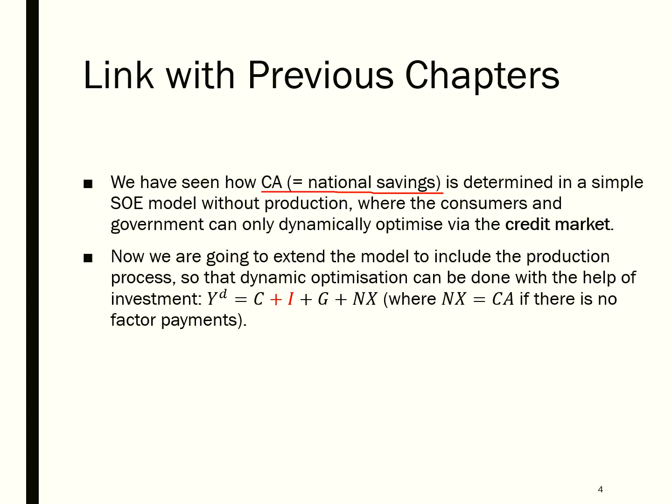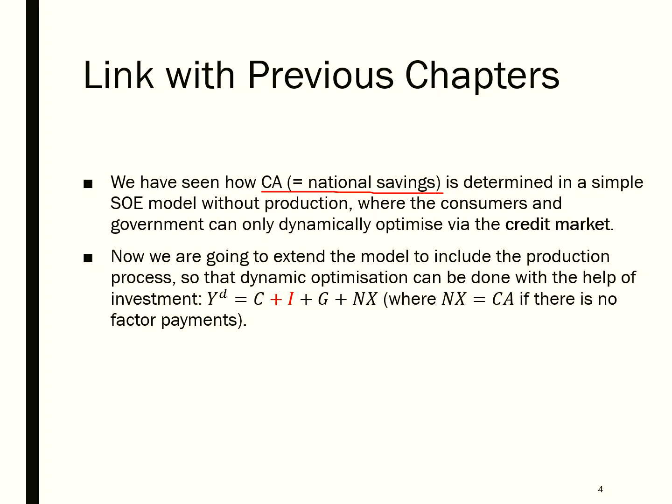In this case, the aggregate demand is now equal to its complete version, the C plus I plus G plus net export. Note that if there is no factor payments and international transfer, then current account is equal to the net export, NX. In this model, we can treat them as equal, but in general, they are not.